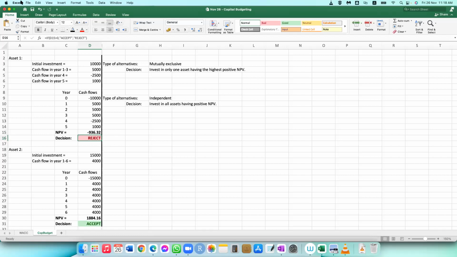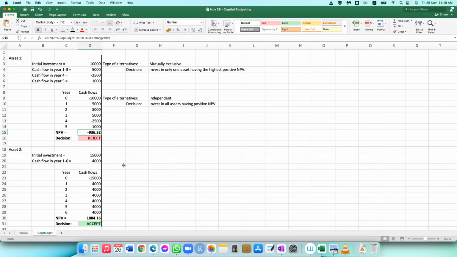Right or wrong? When we increase the discount rate from 11% to 15%, the NPV has gone down from 1100 to 400. Then from 15% to 25%, it has become negative.